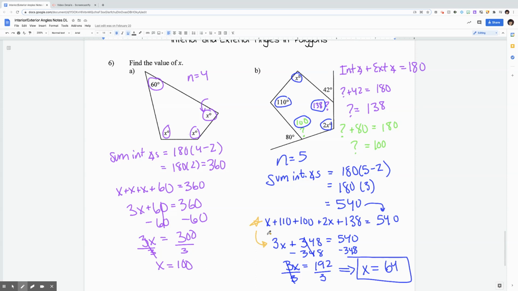I just combined my like terms. So x and 2x is 3x. And then I added 110, 100, and 138 and got 348. And then I'm just using my algebra skills. So I'm subtracting 348 on both sides. I get 3x equals 192. I'm going to divide both sides by 3, and I get that x is equal to 64.